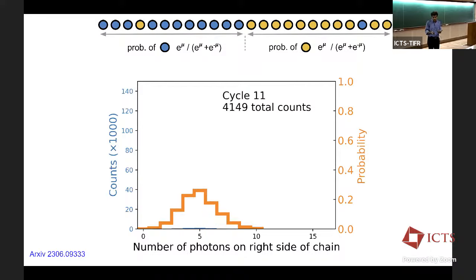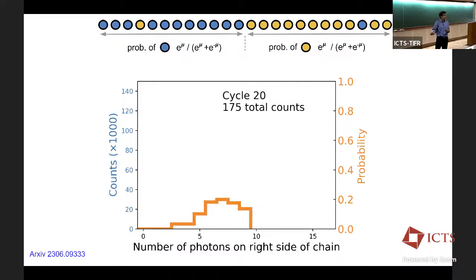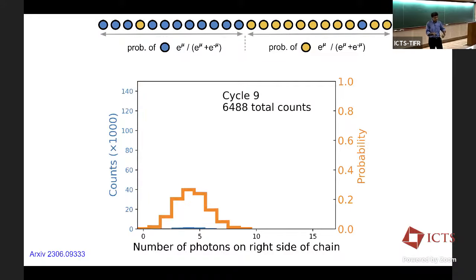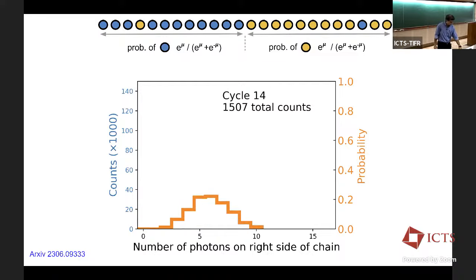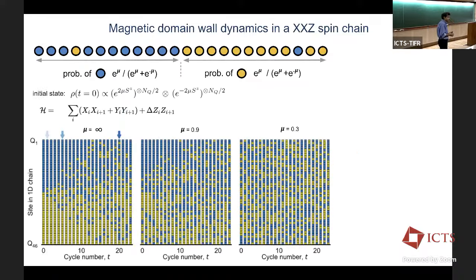As you see, we are losing excitations, so you can post-select on it. You can see it on a normalized and on an absolute scale. And we are going to analyze these histograms to death next. This is what you get. These are some typical measurements that we have. Let's say mu is infinity.